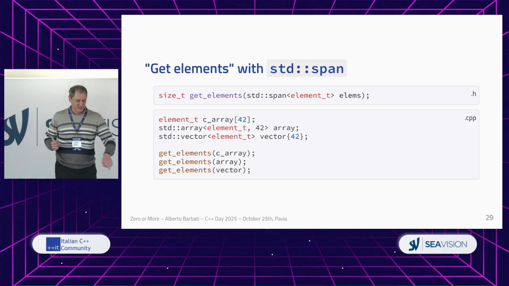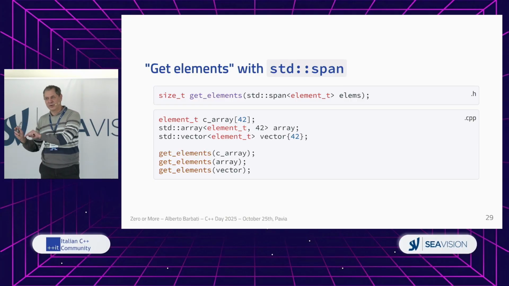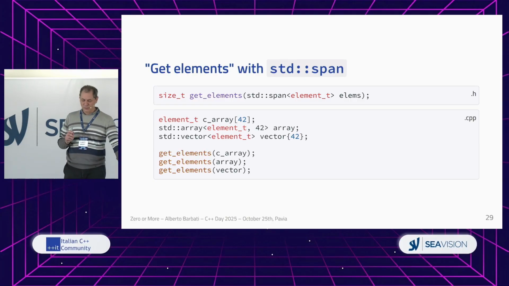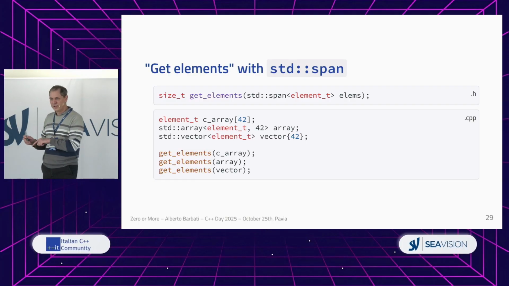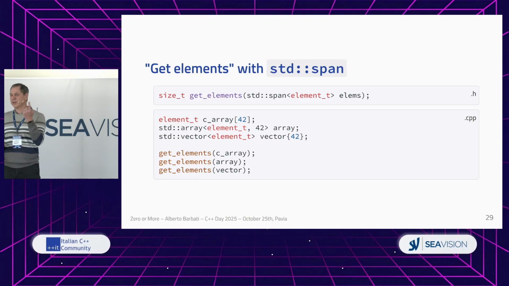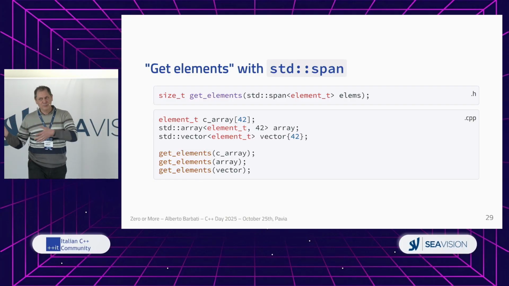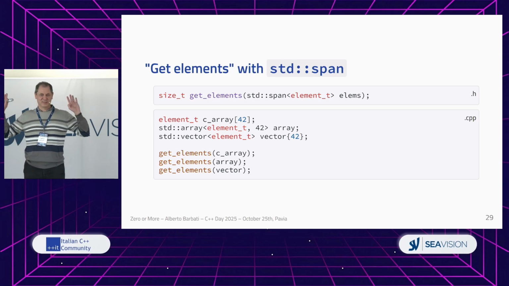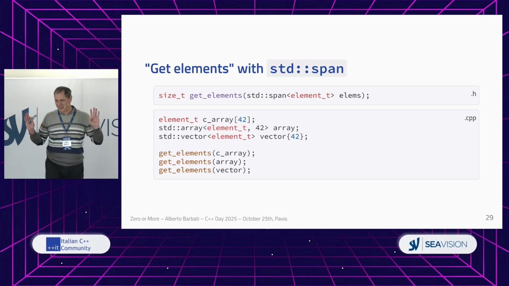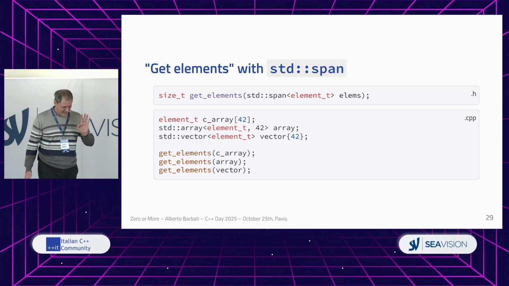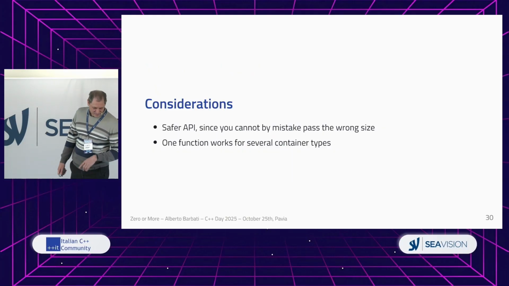The fact is that get elements gets the span correctly. So the third call to get elements gets actually a span of 1 element. So, okay, it may be a bug in your code, but at least it doesn't crash because there is no buffer overrun here. Okay.